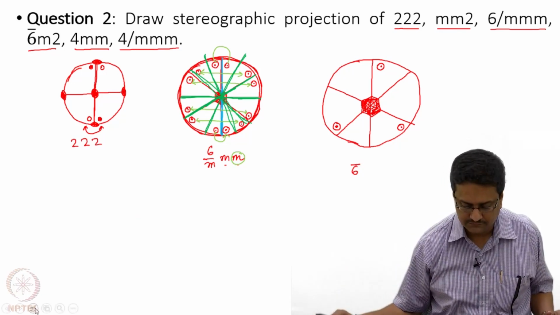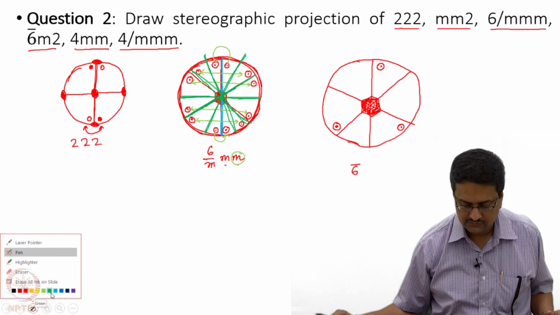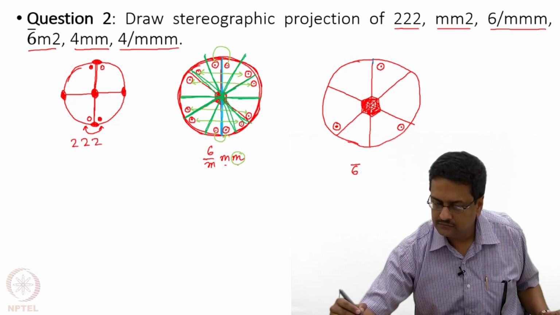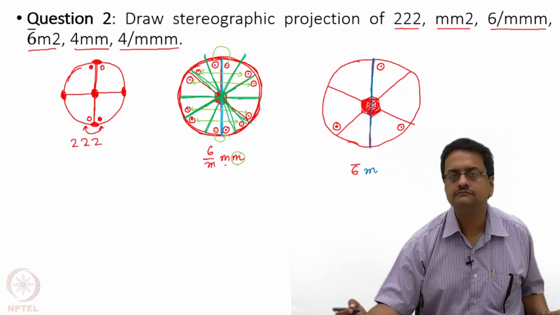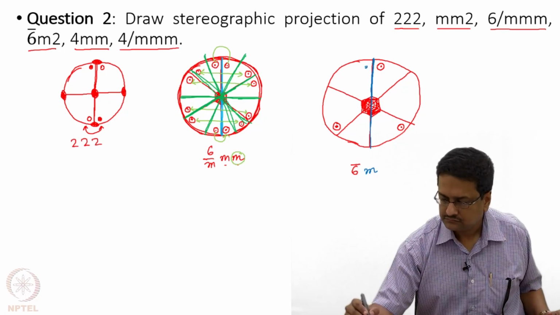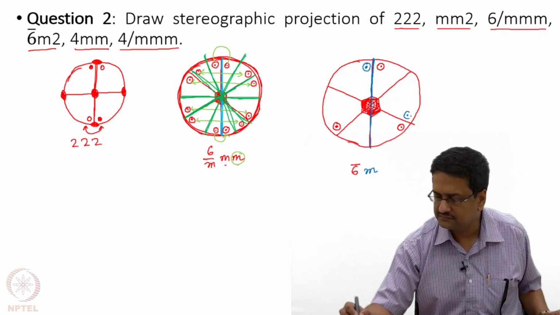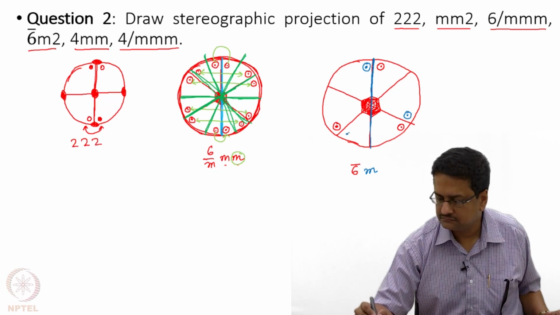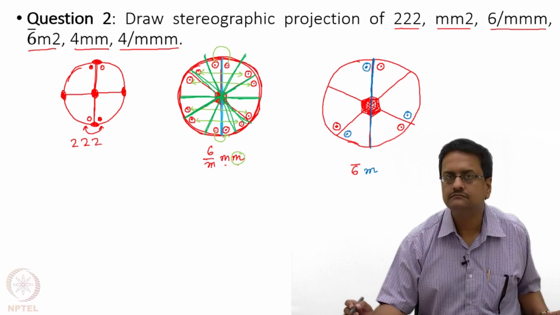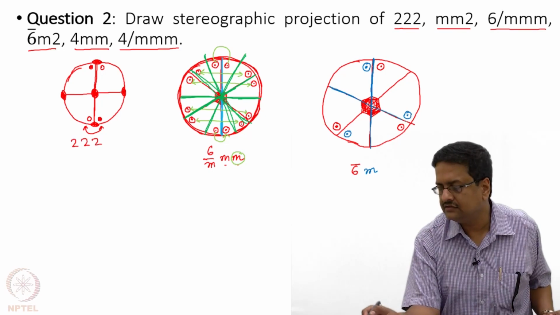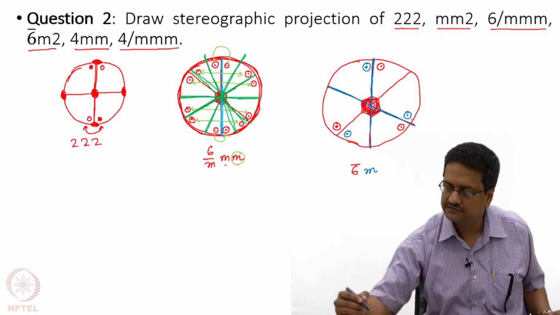Now we need to do M. If we take this plane as the mirror, then what we would get are these points. Which actually indicates that the other lines which are drawn are also corresponding mirror planes.